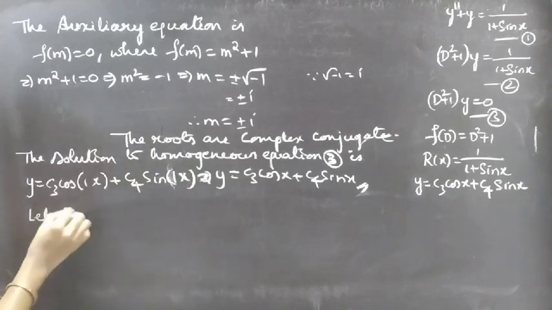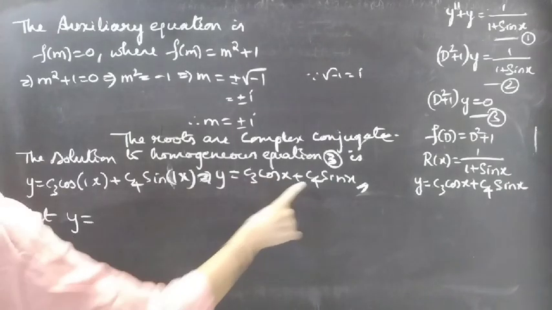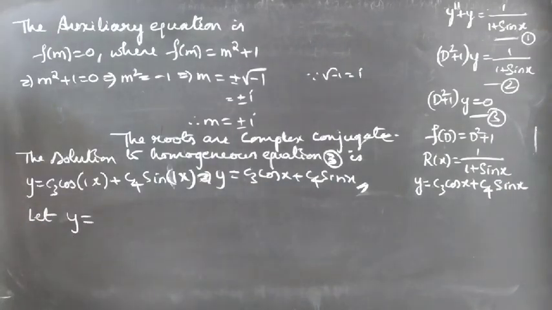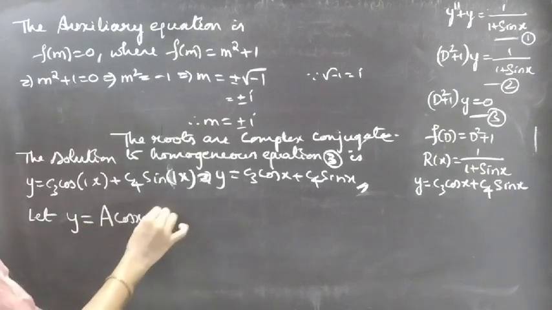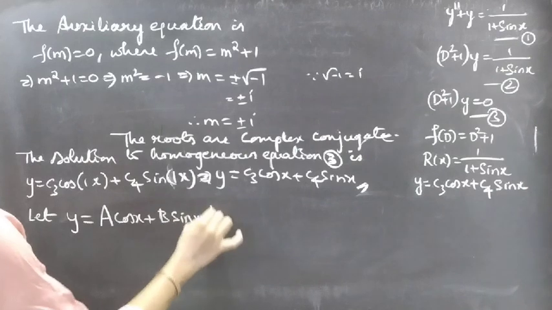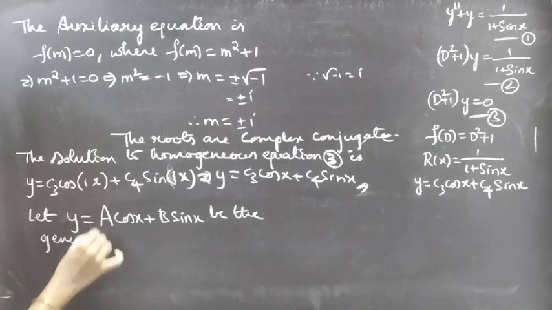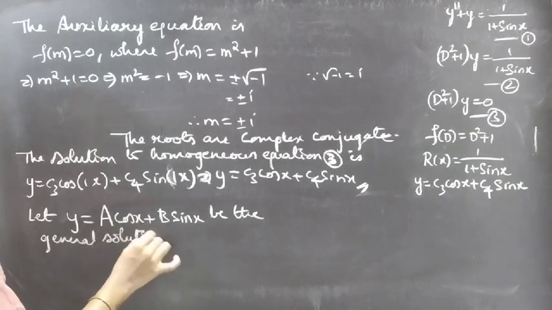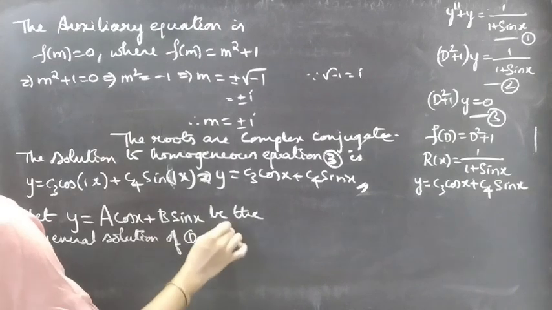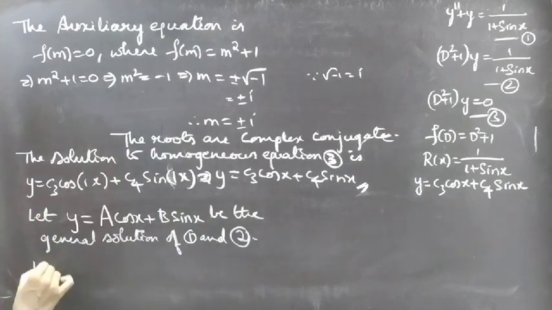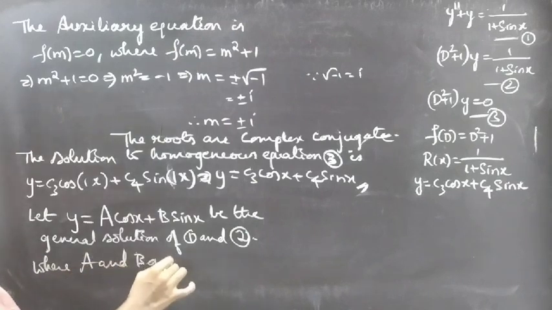Let y equal to, just replace the constants with functions of x, a and b. We get y equal to a cos x plus b sin x, be the general solution of 1 and 2, where a and b are functions of x.